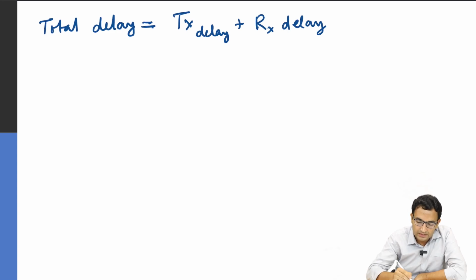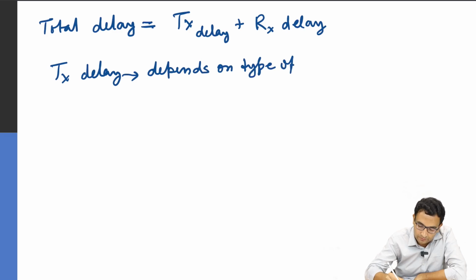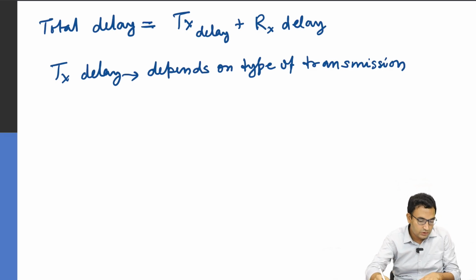And it turns out that the receive delay can be calculated just like I mentioned earlier, but the transmit delay actually depends on the type of transmission. Okay, so let's look at it.